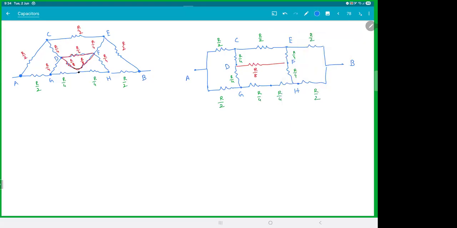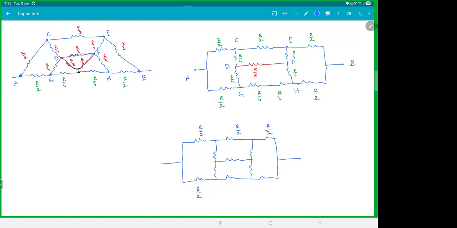So if I just redraw this circuit, it looks like this. R by 2, R by 2, R by 2. This is R by 2.